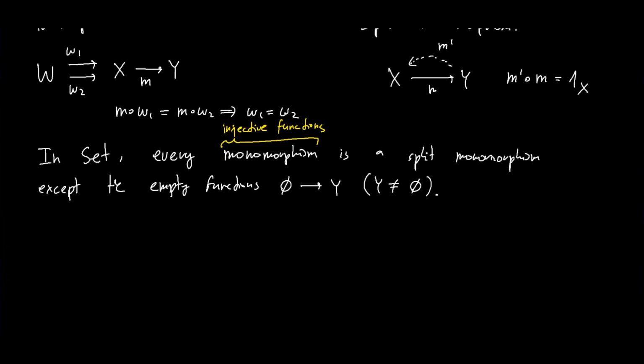And it turns out that in the category of vector spaces, this is something we are not going to prove now, but it's not difficult to prove at all, monomorphisms are injective linear maps.